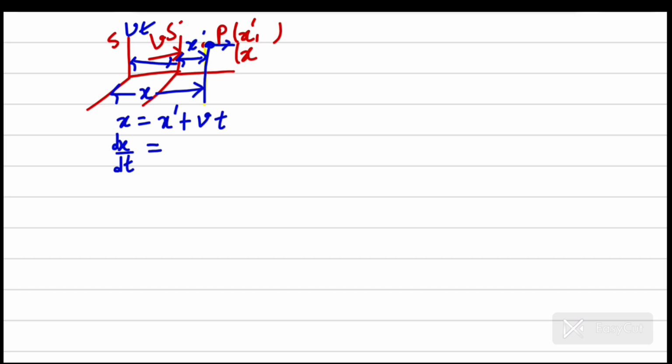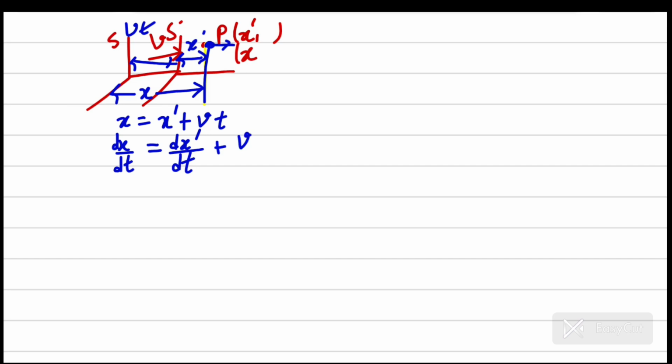And similarly, on the right hand side of the equation, the x prime also gets differentiated with respect to time. So this is dx prime dt, and this indicates the speed of that point with respect to the S prime frame. And third term, Vt, here V is constant because the S prime frame is moving with uniform speed, so this v will be as it is, and the time will differentiate it, resulting 1. So this is V.